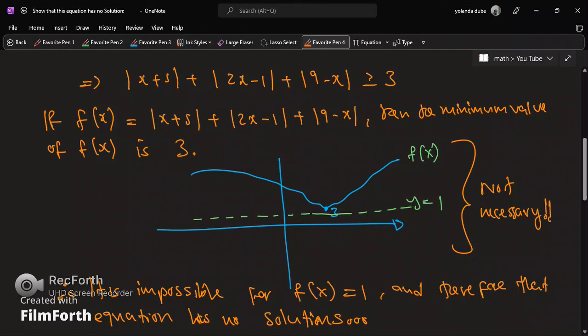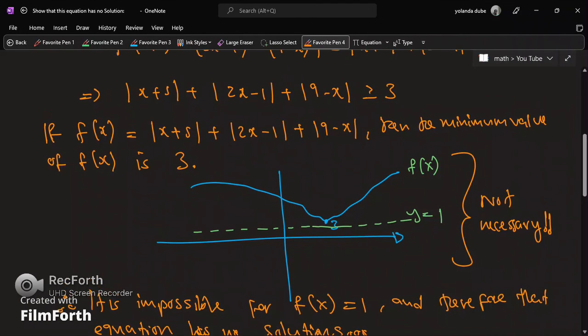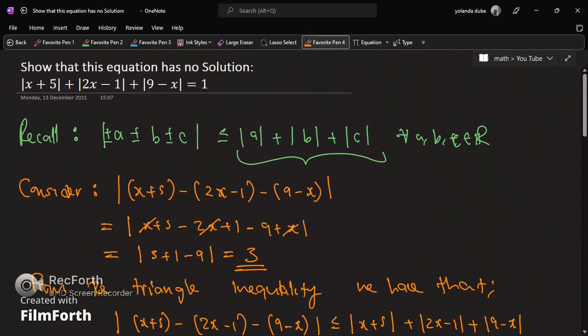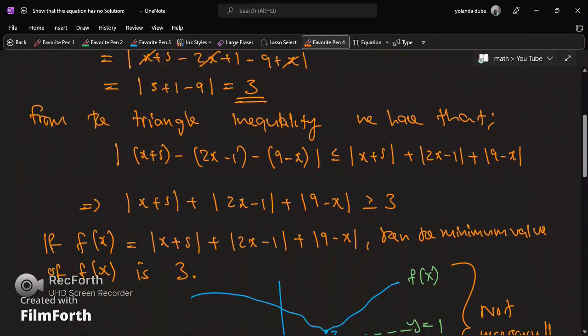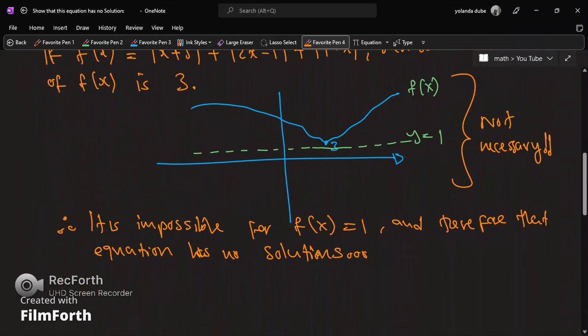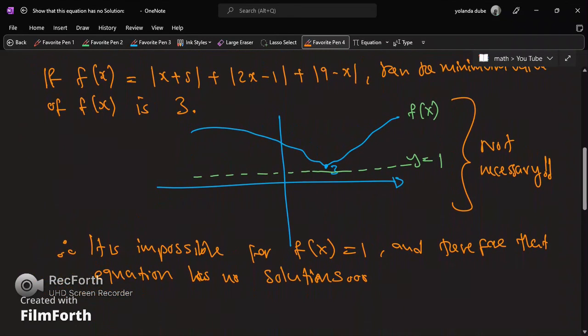It's just included to aid a visual image so that you can understand why we are saying this equation has no solutions at all. Because remember, whenever you're solving an equation, what you are simply trying to find is the points of intersection between two functions. In this case, f of x is the function on the left and the other function is y equals 1.